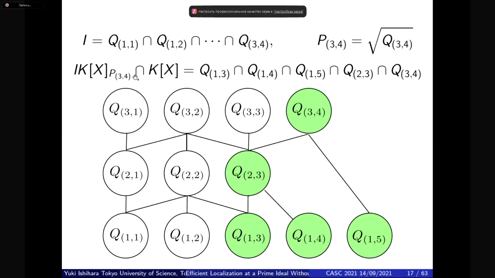The localization of I is the intersection of the primary components whose radicals are contained in P34. So in this case, this one, this one, this one, this one.